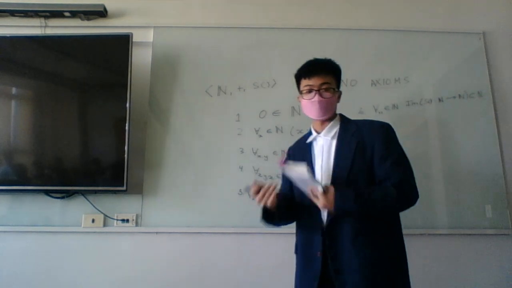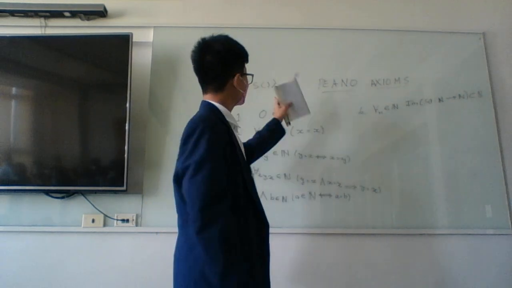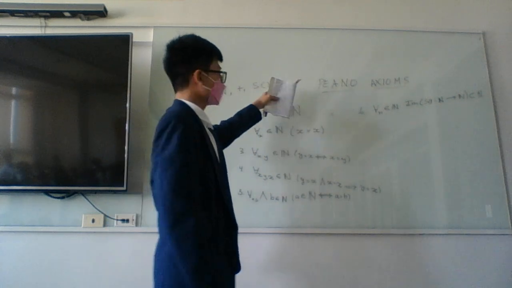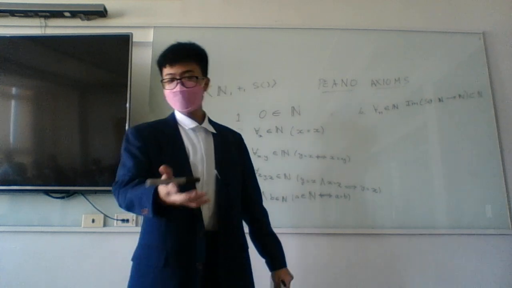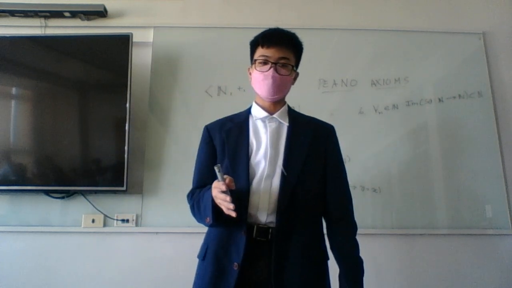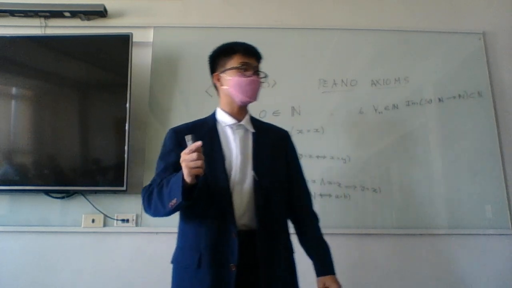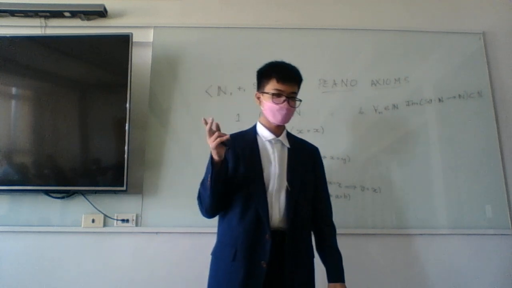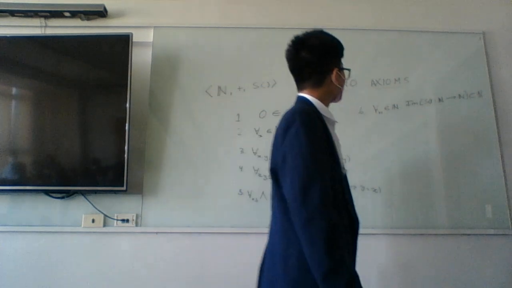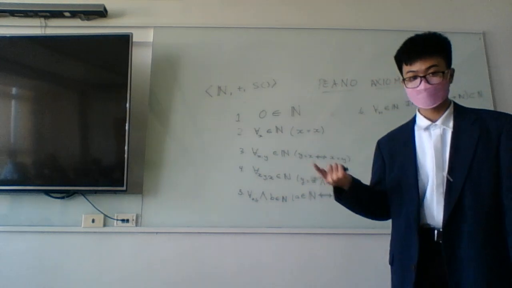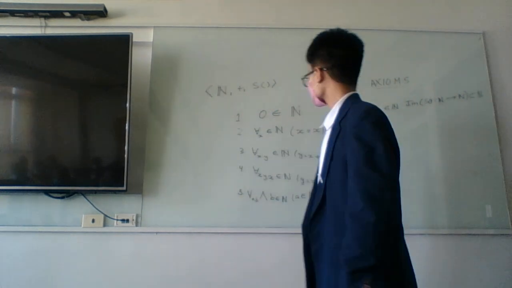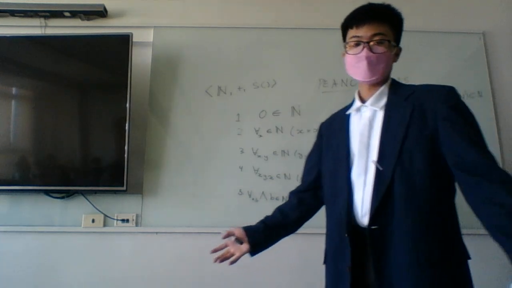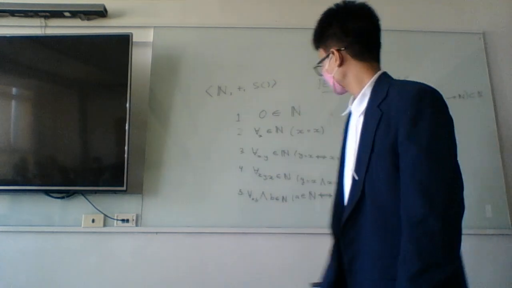The successor function basically tells us, if we put a number inside it, what's the number that comes after that number. And obviously, if I have 1, the next natural number is 2, right? So the successor function of 1 is 2. The successor function of 0 is 1. And obviously, those two are natural numbers.